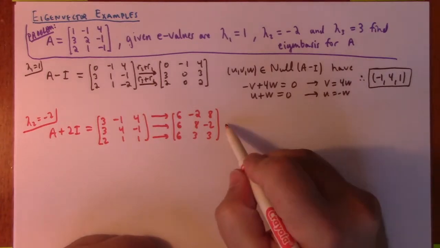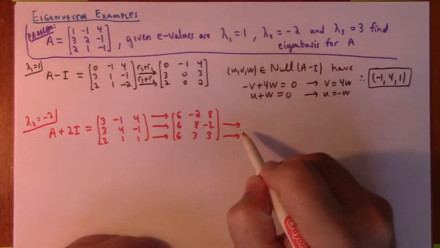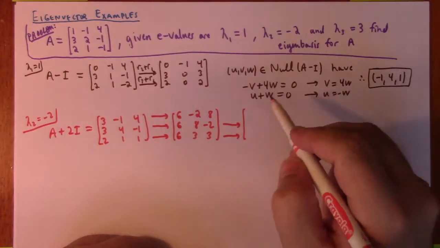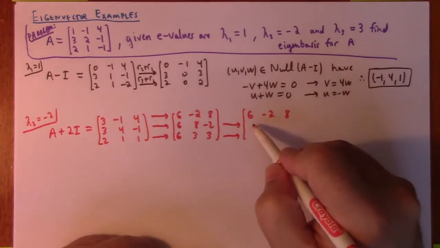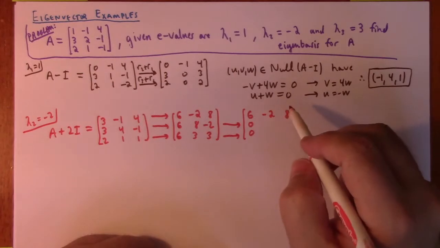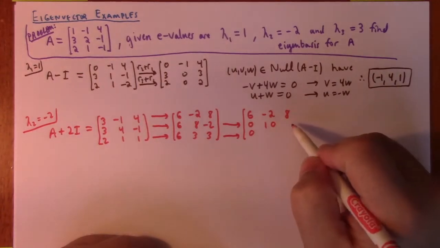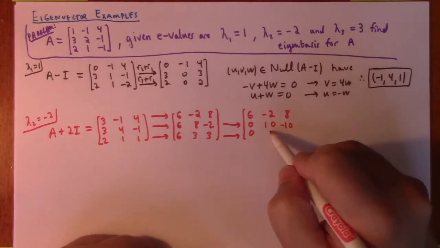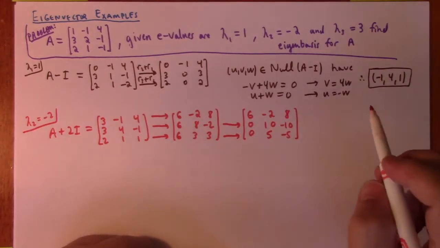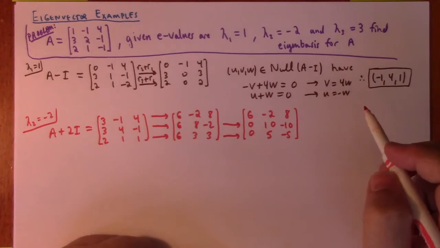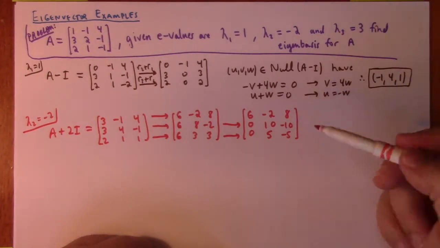And then we can clear out under that first pivot position by subtracting the first row from the second and third rows. That gives us 6, minus 2, 8, 0, 0, 10, minus 10, 5, minus 5. At this point I don't need to do any more row reductions.